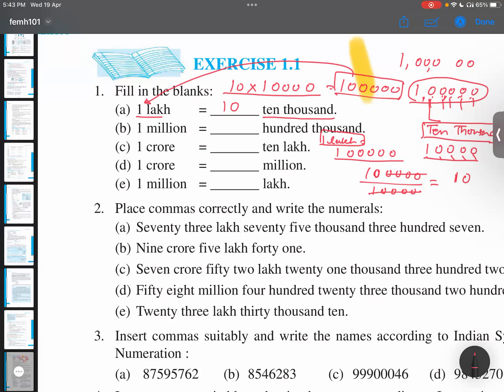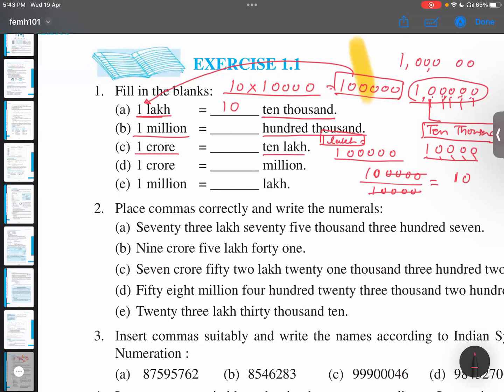I thought you were asking how many zeros come for 10,000. No, no, no. The question says how many 10,000s are going to be there in 1 lakh? How many 100,000s are going to be in a million? How many 10 lakhs are going to be in 1 crore?